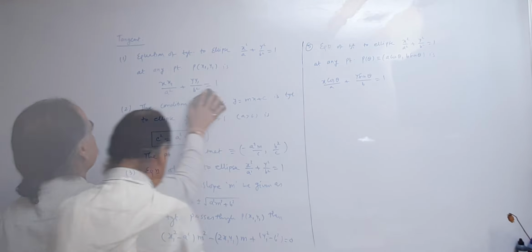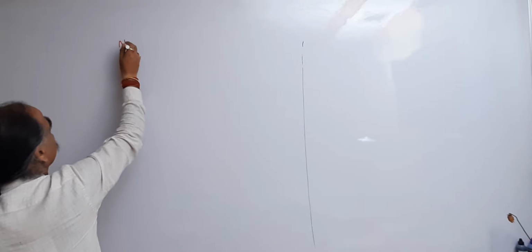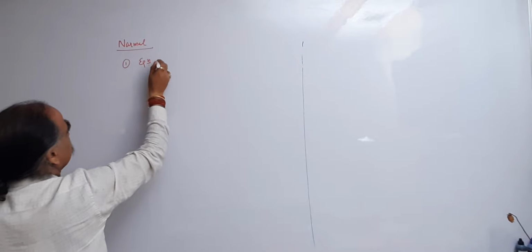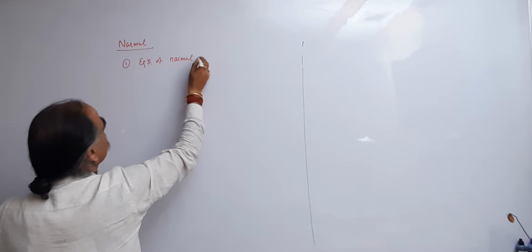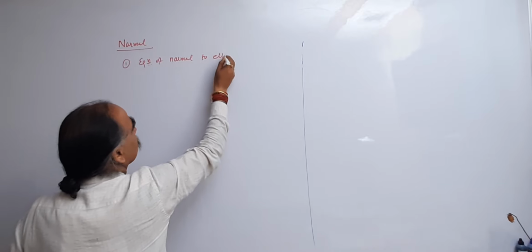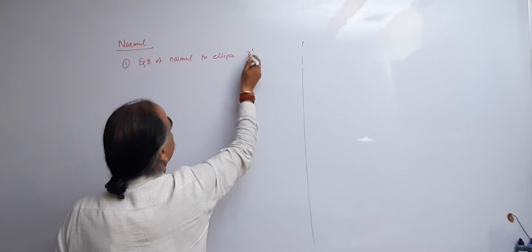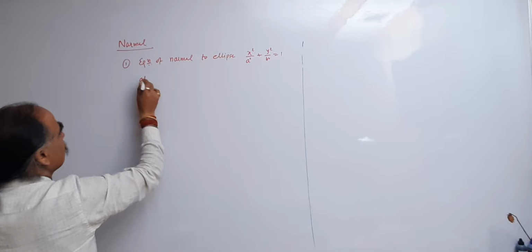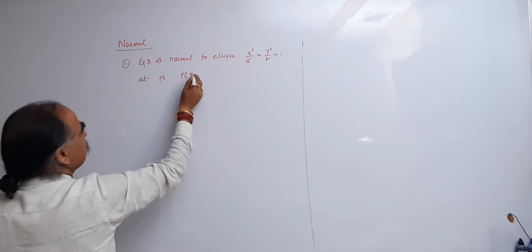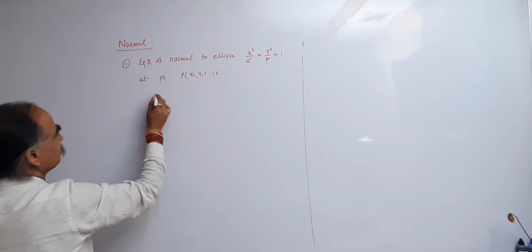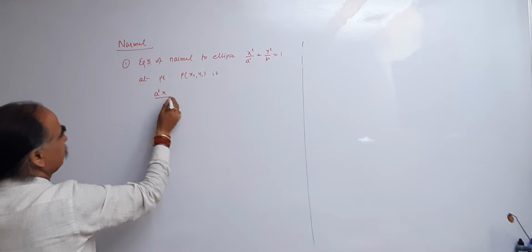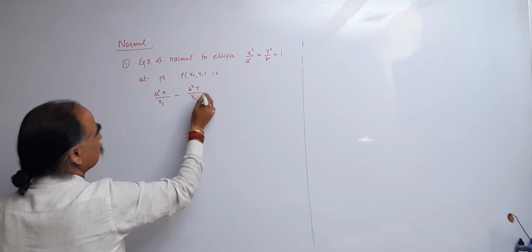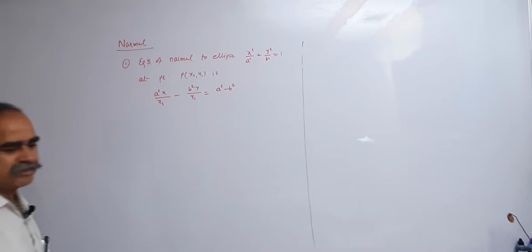Next point is on normal. Equation of normal to the ellipse x square upon a square plus y square upon b square is equal to 1 at point P(x1, y1) is a square x upon x1 minus b square y upon y1 is equal to a square minus b square.